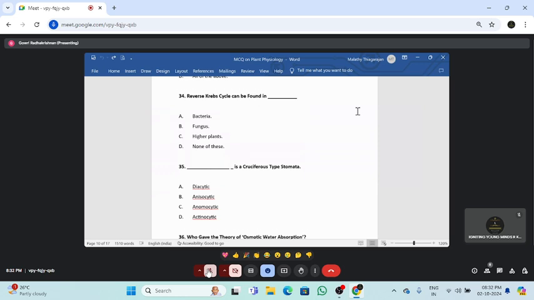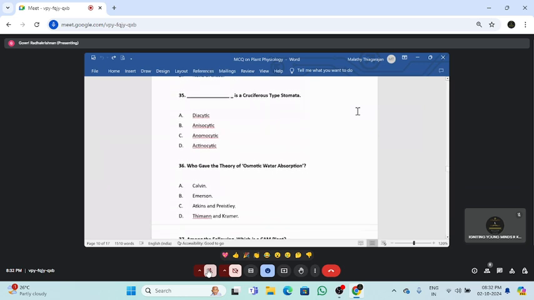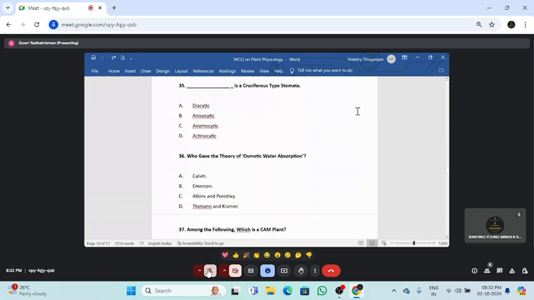It's found in bacteria. Option A. 35. Dash is a cruciferous types of stomata. Option B, ma'am. Yes.